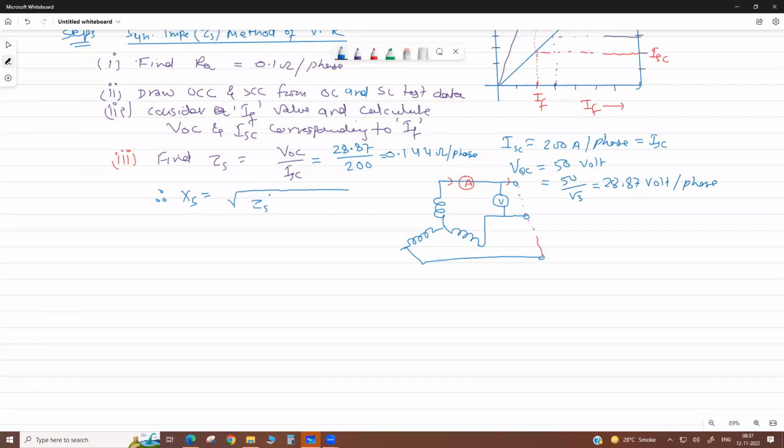So this is XS equals the root of ZS square minus RA square, okay, because of the synchronous impedance diagram. Now this is 0.144 whole square minus what is the resistance? 0.1 whole square, root of this.